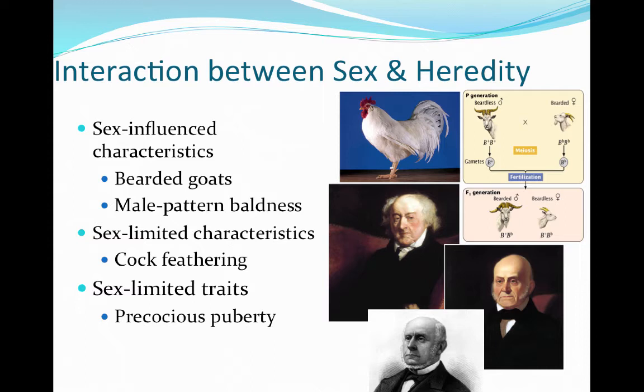And then we'll also be talking about sex-limited characteristics, where we start to see different types of phenotypes or variations within one phenotype for a specific trait having variable expressivity. One example of that is cock feathering in poultry. And then finally, sex-limited traits.